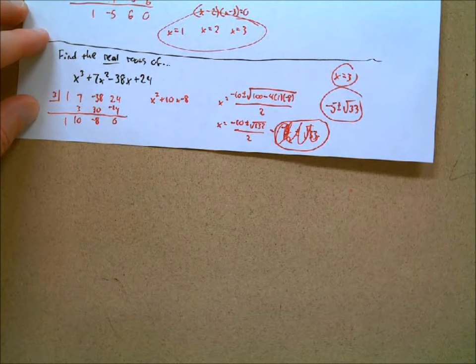Okay, and so that's negative 10 plus or minus. You said you had 4 root 33, but it becomes 2 root 33 when you pull the 4 out of the square root, right? Oh, okay, never mind. And then you see what I'm saying? Yeah, there you go. Okay, and then divide this by 2. And there you go. You get the negative 5, you get the root 33. Okay, woo! So there we go.